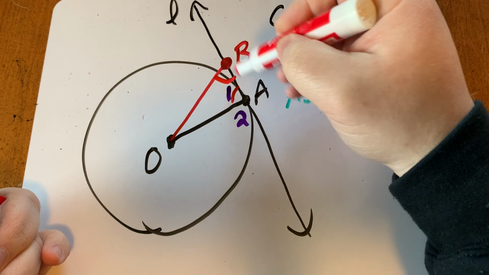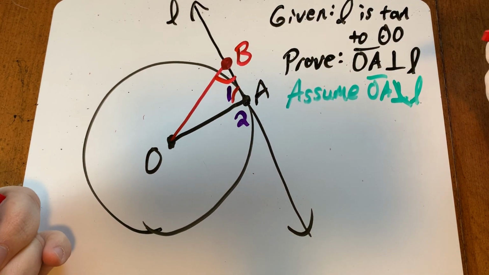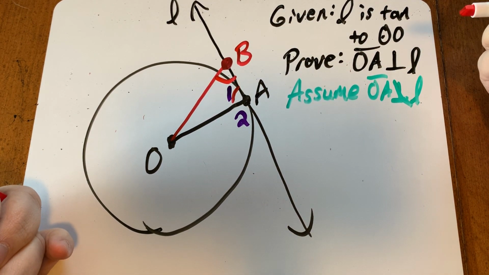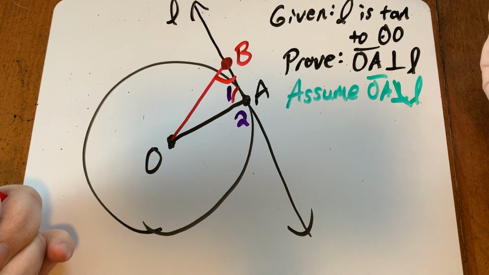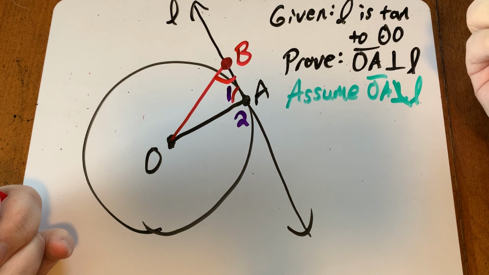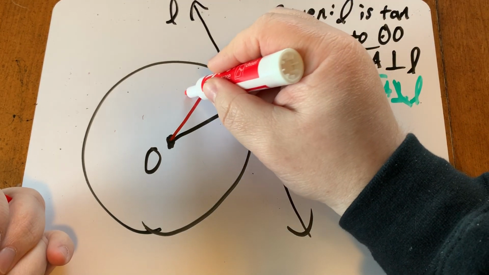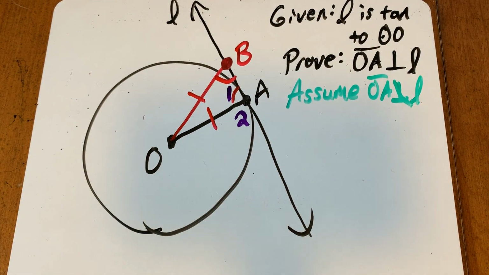So we could say that angle OBA is congruent to angle 1. There has to be an angle there. Well, if these two angles are congruent, because you can have a triangle with two acute angles that are congruent, then those would have to be congruent as well by the converse of the base angles theorem. OB would have to be congruent to OA. But if OB is congruent to OA, that means B has to lie on circle O.